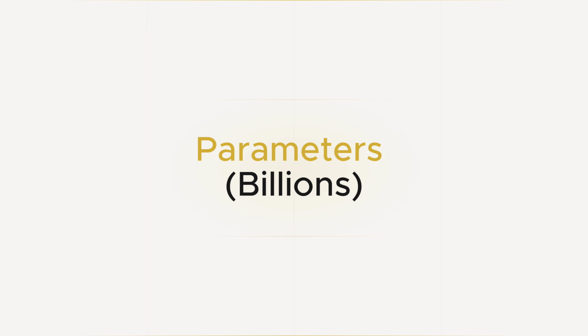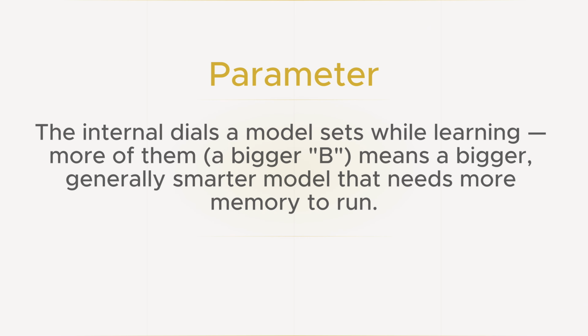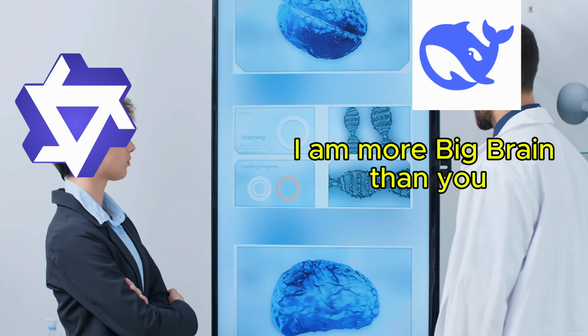Here we go. 1. Parameters, that B number. 7B, 40B, 70B, 700B. That's billions of parameters. And a parameter is just one of the tiny dials the model set for itself when it was learning. So the more billions it has, the bigger the model is. Easiest way to picture it, it's the size of the model's brain. More parameters generally means it's smarter, but also it's a bigger file and needs more memory to run.